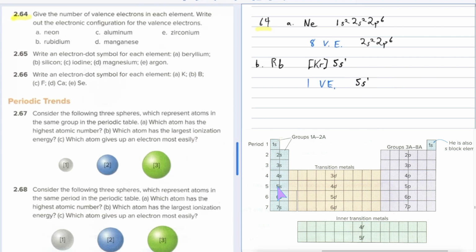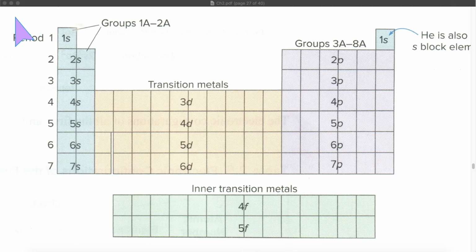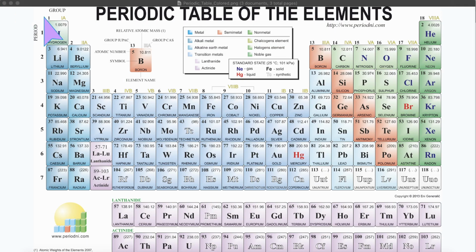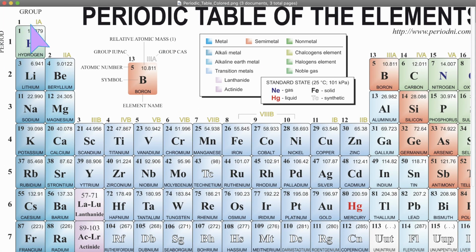So C is aluminum. Oh, by the way, I'd like to point something out. Let's go back to the other periodic table. When you have rubidium, look at the group number. The group number is 1A. Don't look at that type of number.